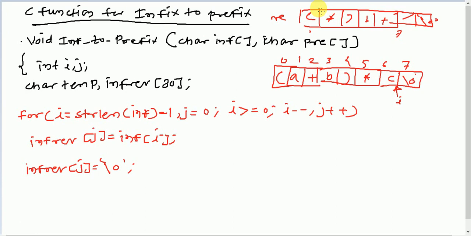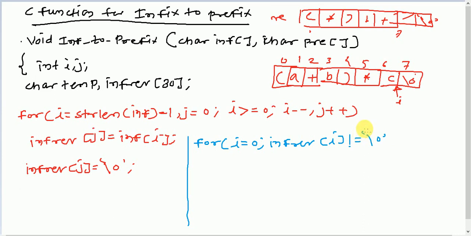Okay, now the next point: we are supposed to reverse the directions of the brackets. So how will we reverse the direction of the bracket? I'll write this function. For i is equal to 0, while infix reverse of i should not be equal to the null character, and we'll proceed with i plus plus.